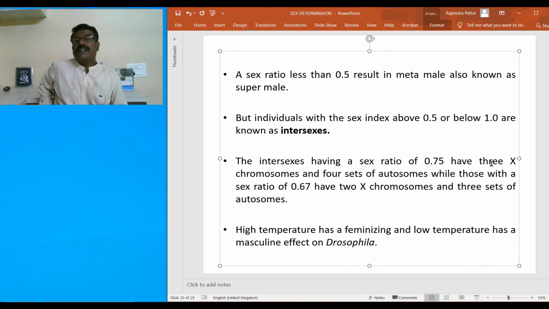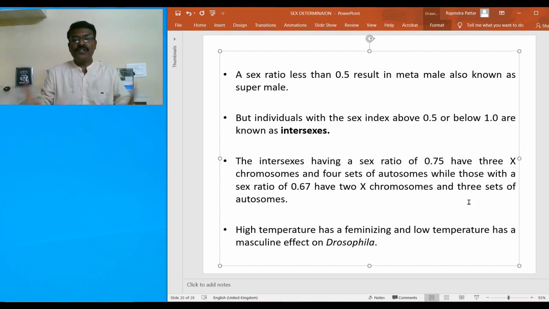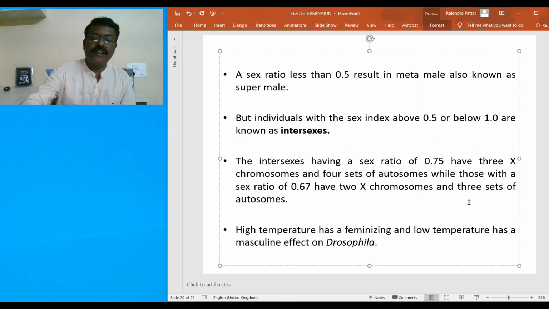Then one more intersex case is due to the 0.67 sexual genetic strength, which is because of the presence of 2 X chromosomes and 3 sets of autosomes. Intersex is formed. However, the gynandromorphs or the intersexes in the case of Drosophila are not biologically viable. They cannot live and they are found to be sterile and their generation cannot be continued. Usually their origin occurs during the cleavage stages or during the formation of the zygote.